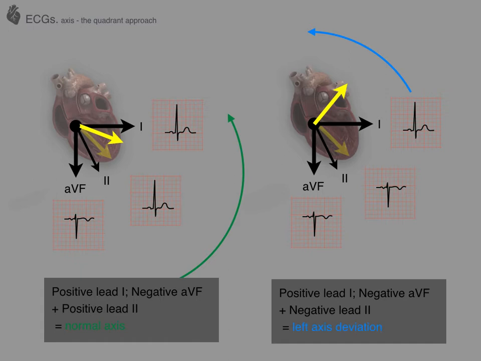However, in an example where you had a predominantly negative QRS complex in both aVF and 2, but a positive complex in 1, you can reason that that QRS axis has shifted round to the left outside of that normal range.